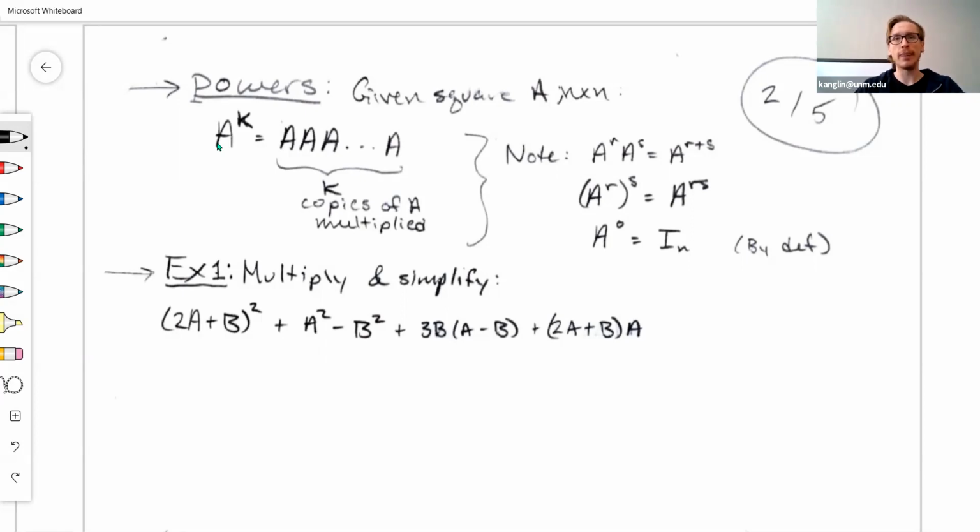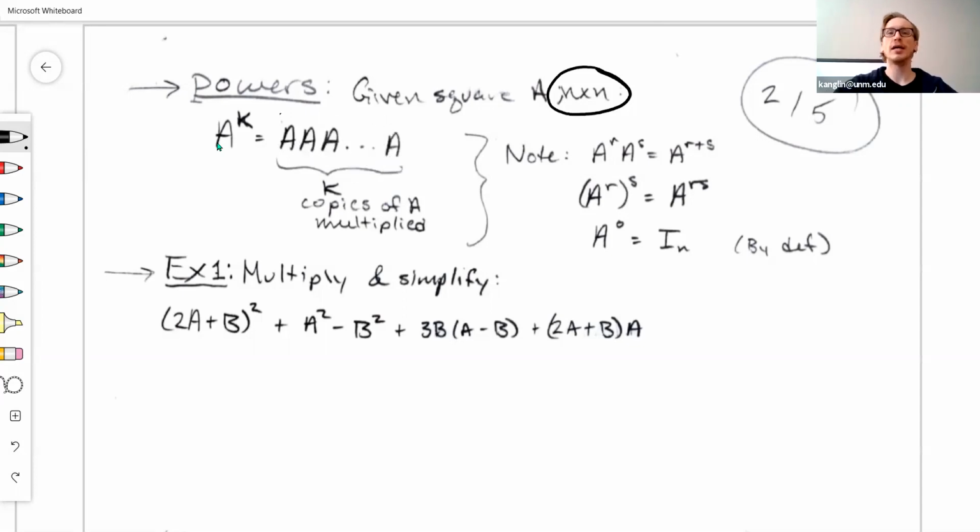In order for the sizes of the matrices to make sense, A must be a square matrix, n by n, so that when we stack up a bunch of multiplications of A upon itself, all the inner dimensions match: n by n, n by n, n by n, and so on. If you don't have a square matrix, these multiplications won't be defined.